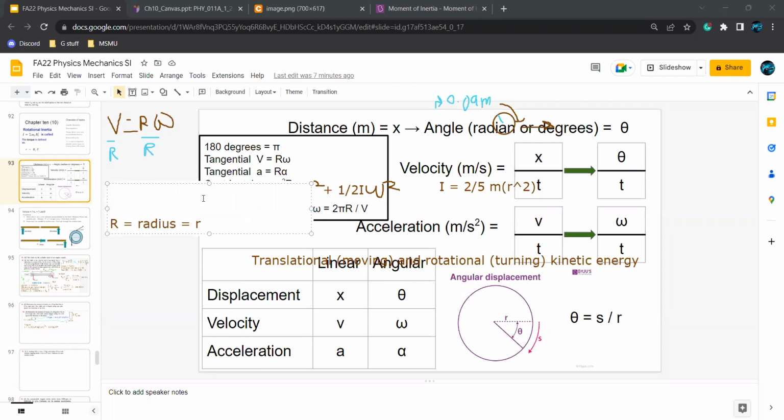Omega is equal to v over r. And that's just how you write the symbols, kind of.